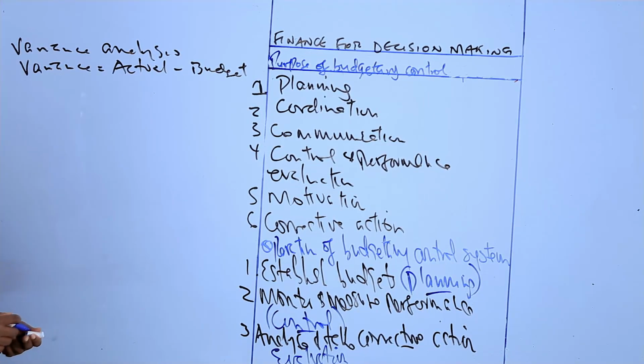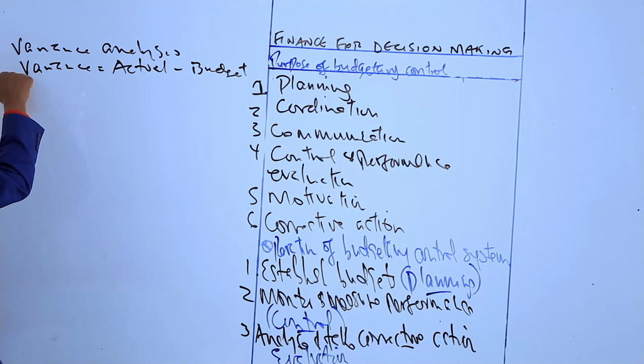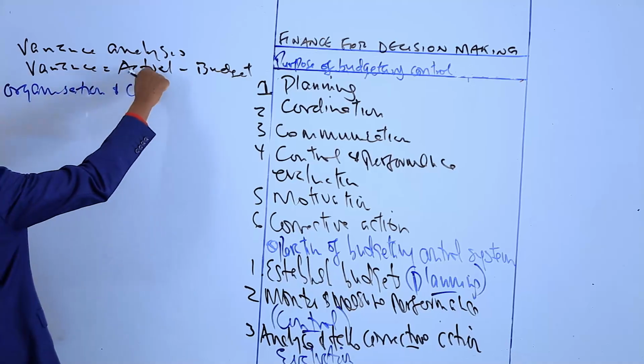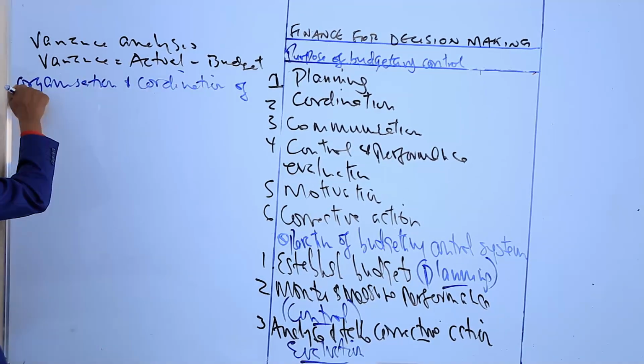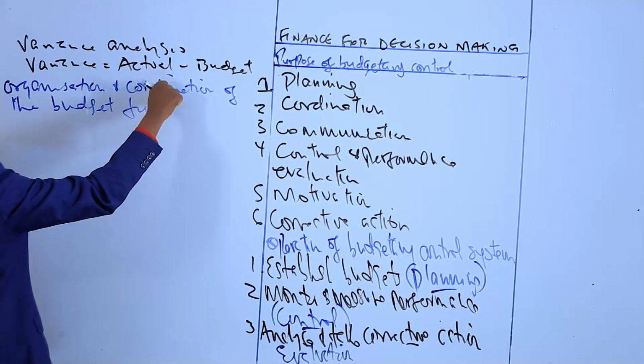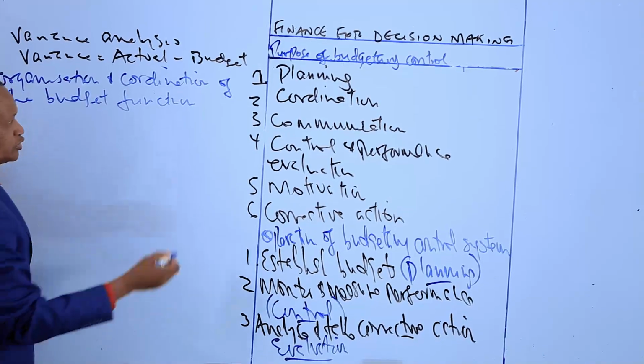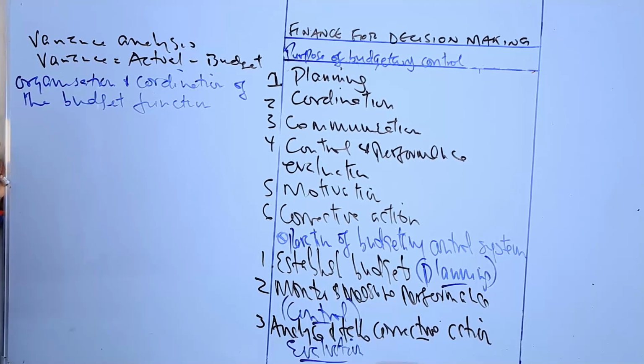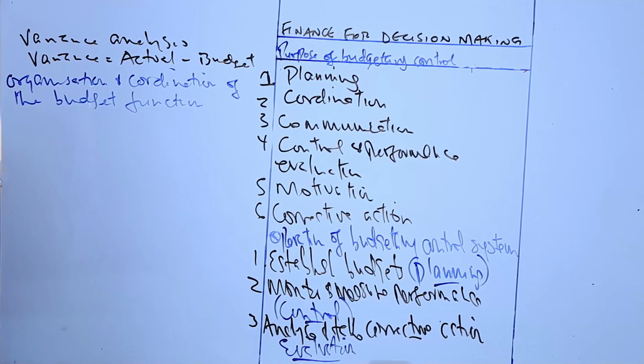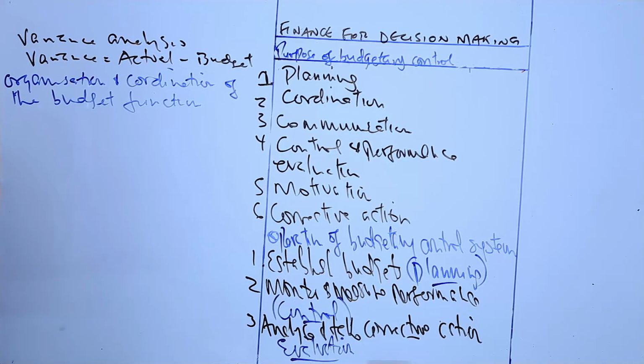Then let's move on to the organization and coordination of the budget function. Now, the budgeting function requires a formal organizational structure and process to ensure effective coordination and compliance.